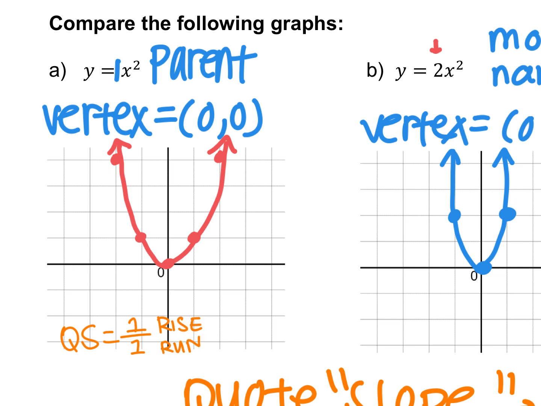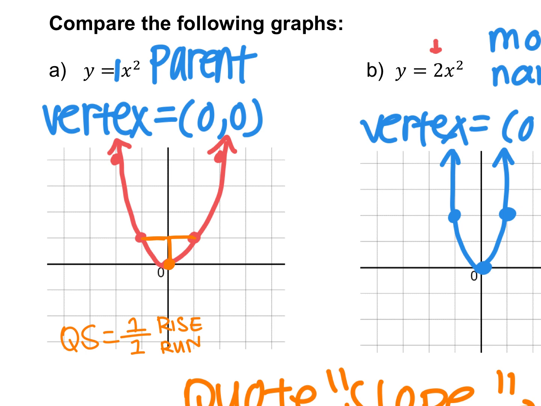From my vertex, I'm going up 1, right 1, but I'm also going up 1, left 1. That's what makes it quote slope, because it's not real slope, since we go left and right, but only 1. Just give it a minute. I don't love it here, but once we get to more complicated things, I really like it.